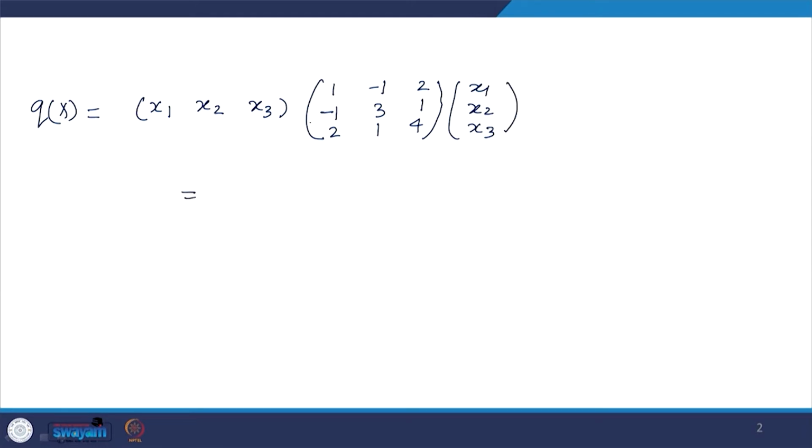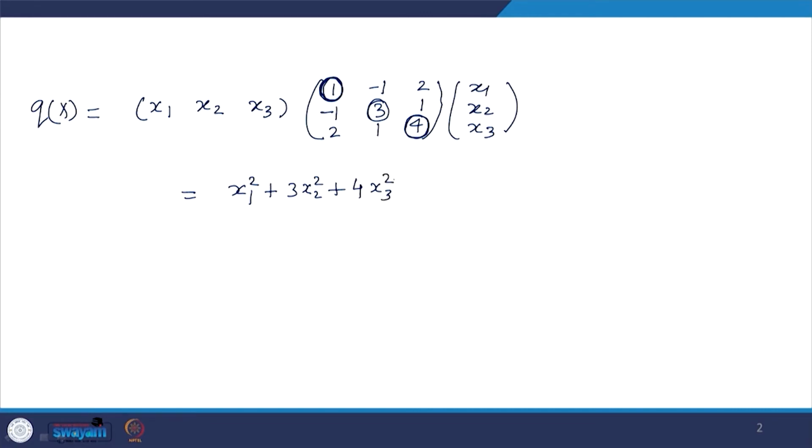If you multiply this out, the coefficient of x 1 square will be the element A 1 1 of the matrix A, plus similarly another diagonal element A 2 2 will be the coefficient of x 2 square, so 3 x 2 square, plus the third diagonal element A 3 3 will be the coefficient of x 3 square, so 4 x 3 square.